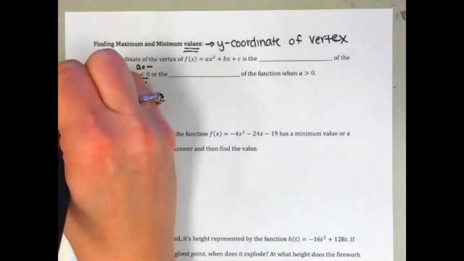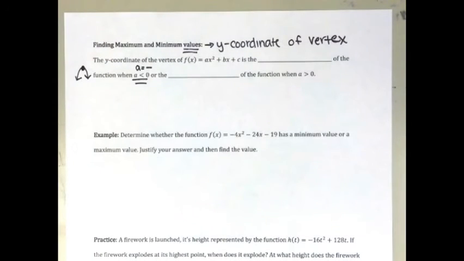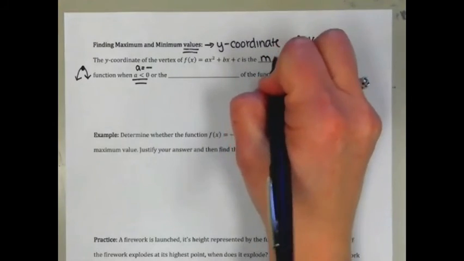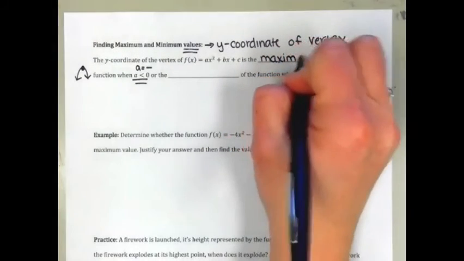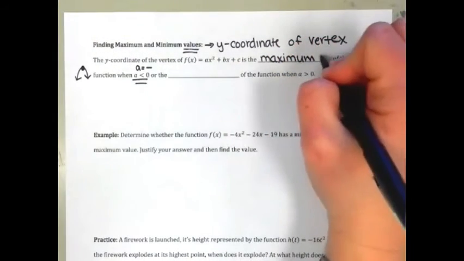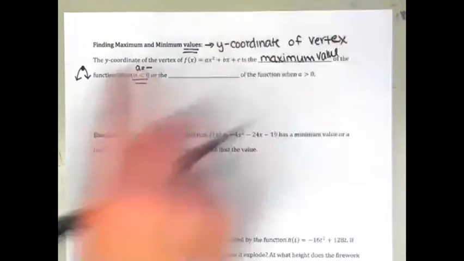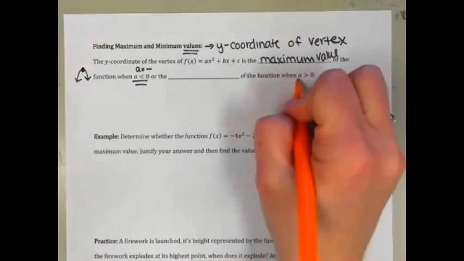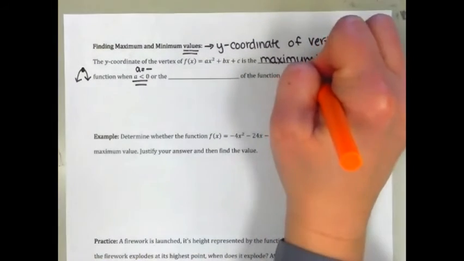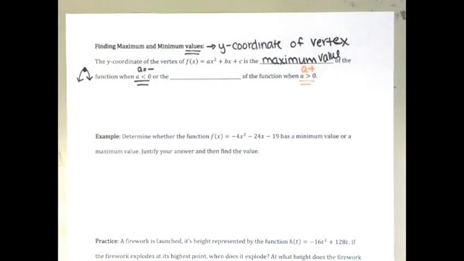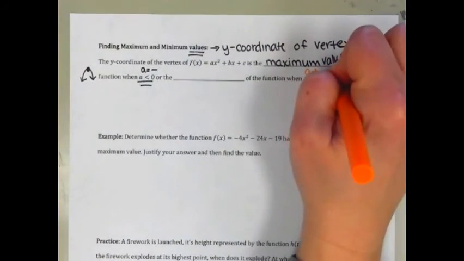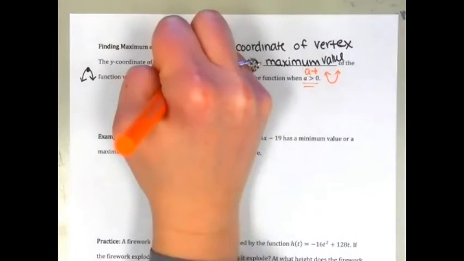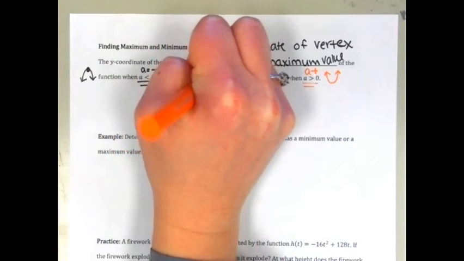So would my vertex be a maximum or a minimum? It'd be a maximum. So you will have a maximum value when a is negative, when it opens down, okay? If a is greater than 0, that means a is positive. We know it opens up, so we will have a minimum value.